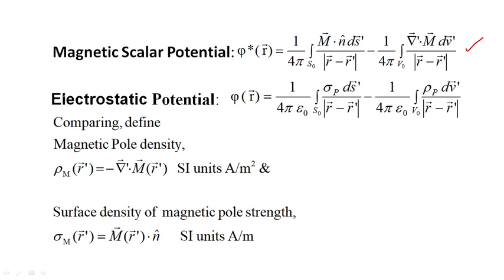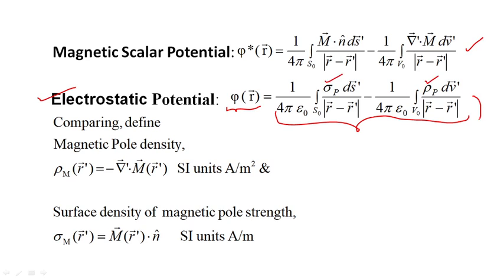Now what I have written here, I have picked up from semester 5. In semester 5, in electrostatics, there is only one type of potential, called the scalar potential. That scalar potential was shown to be equal to this, where sigma is a surface density and rho is a volume density.